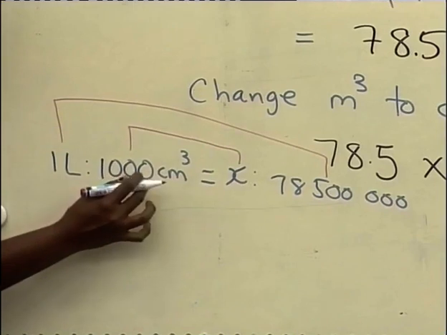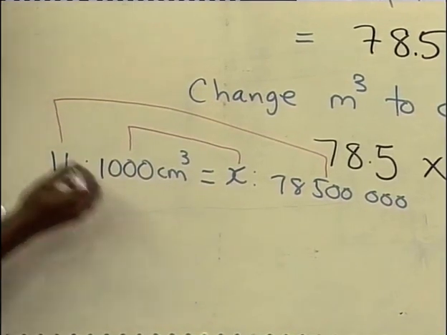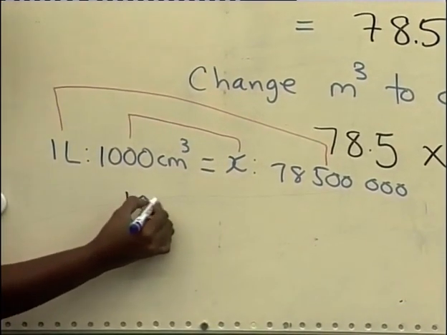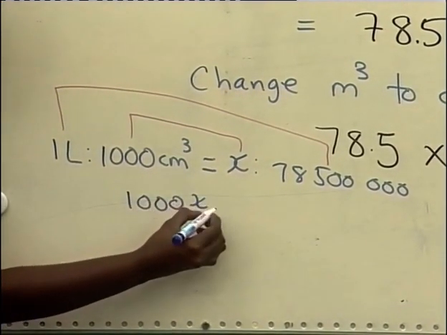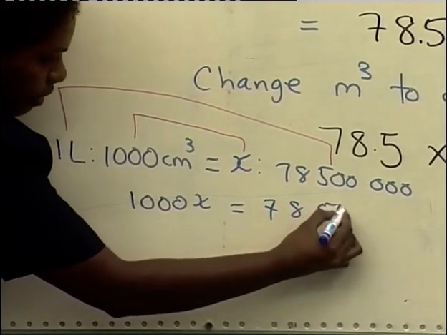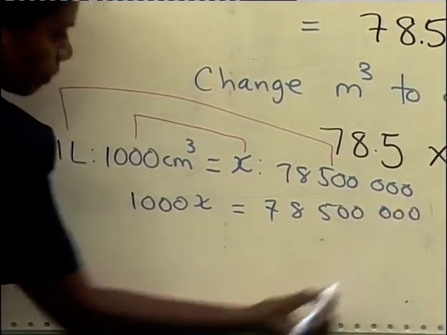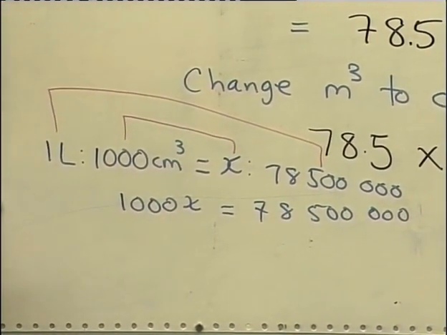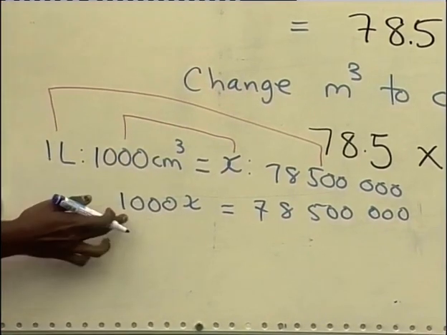So 1,000 times x is 1,000x, which is equal to 78,500,000. Now what am I going to do?